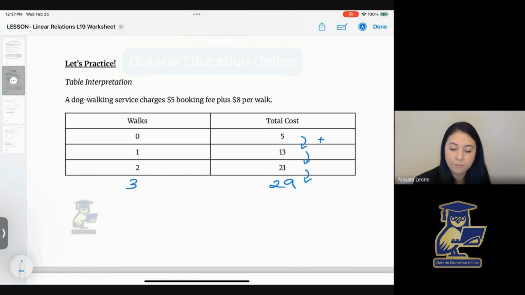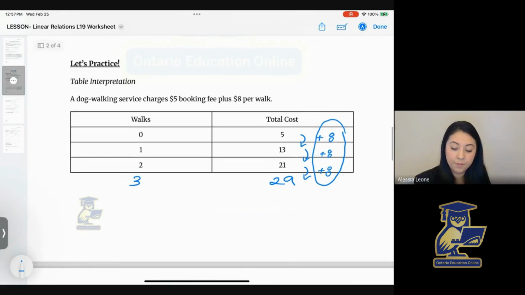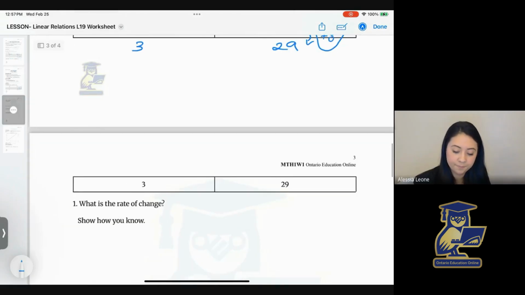So we see from 5 to 13, the difference is 8. 13 to 21, the difference is 8. 21 to 29, the difference is 8. So we are noticing our rate of change is the same. It is constant. So we know a couple things then. We know this is a linear relationship, and the graph would be a straight line.